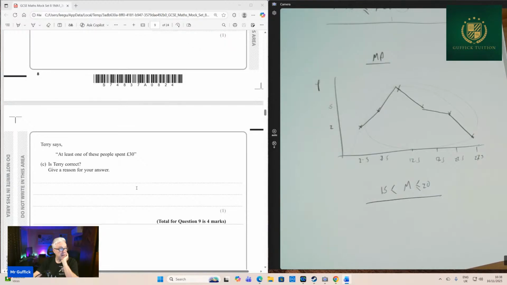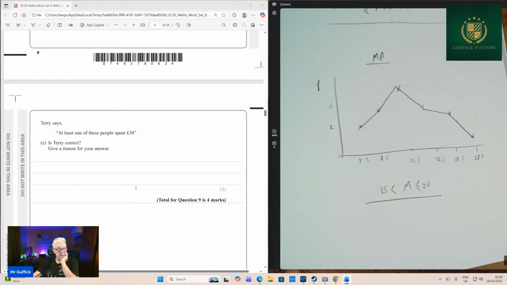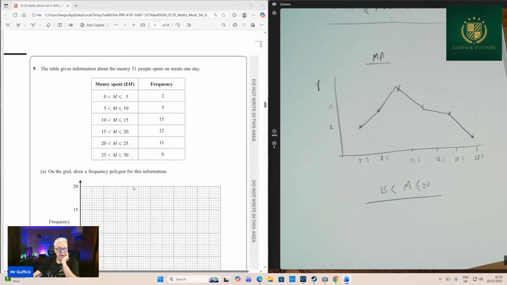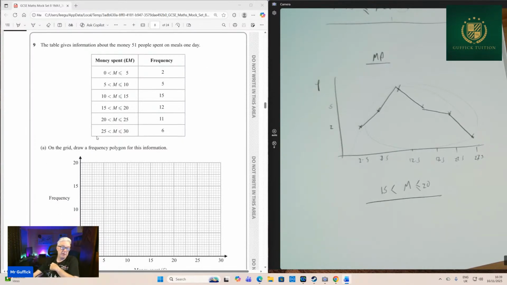Now, what's Terry saying? Terry says at least one of the people spent £30. Is Terry correct? Give a reason for your answer. So what Terry's thinking is that there's 6 people who are in the class 25 to 30, about how much money they spend on food. Now, the problem is we have no idea how the information is split up in this class.